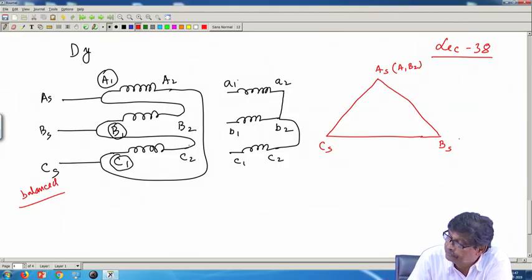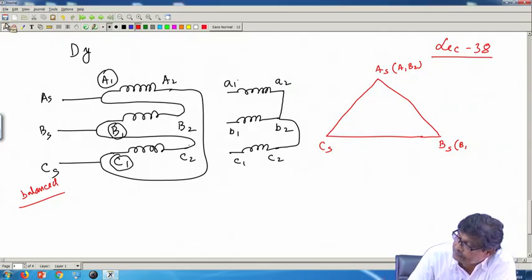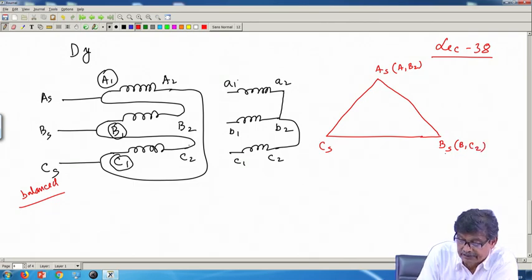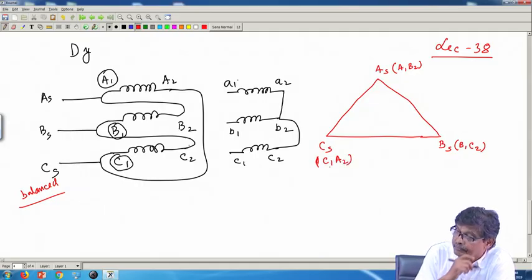So, this point is same as B1 and C2. And CS, as you can see, is connected to C1 and A2. CS is nothing but C1 and A2. This is the thing.